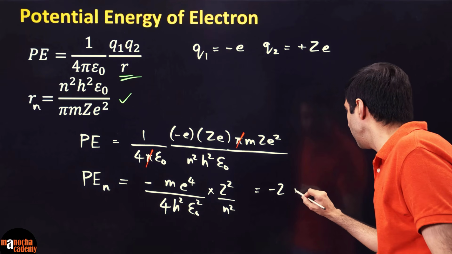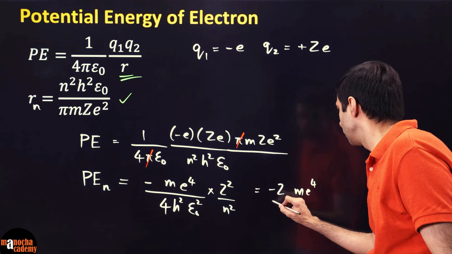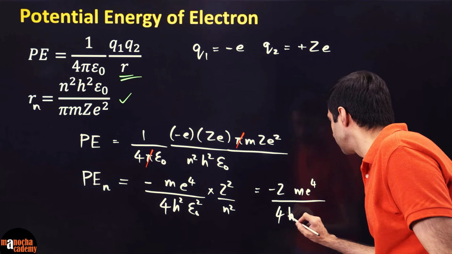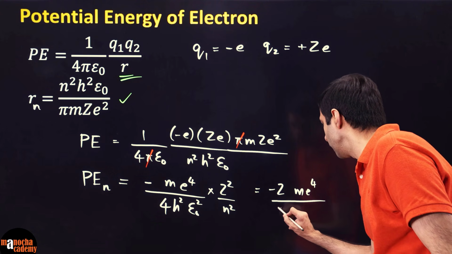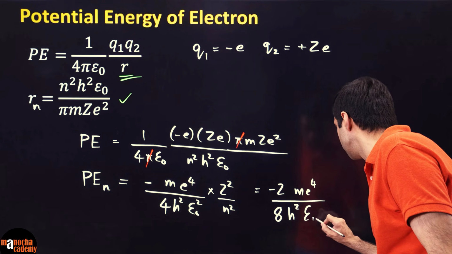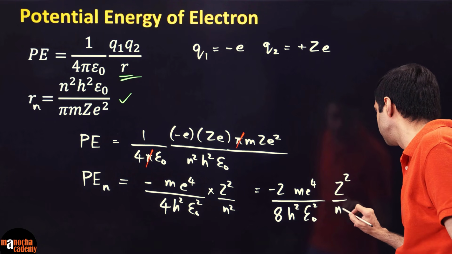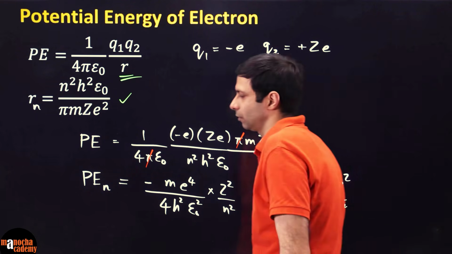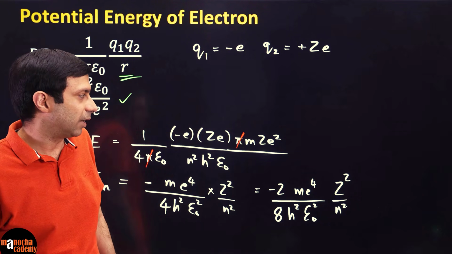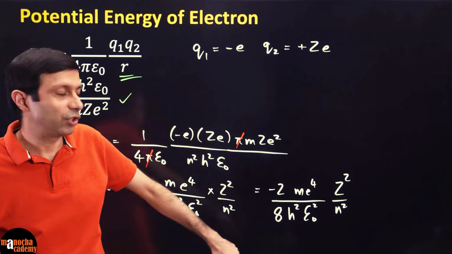Minus 2 m e to the power 4 divided by 8 h square epsilon naught square, times z square by n square. So you can see it is basically minus 2 times the kinetic energy formula, right? So you guys can see it is minus 2 and this entire expression is the kinetic energy formula.